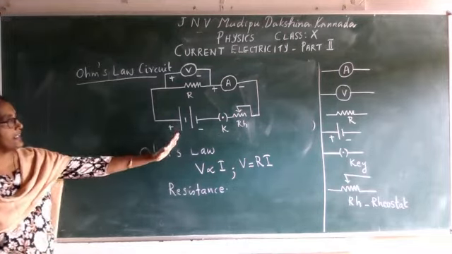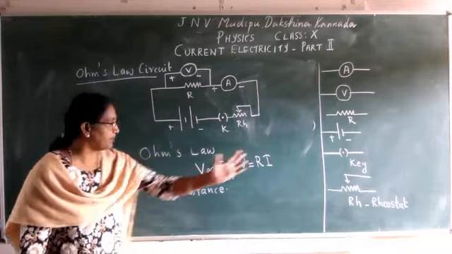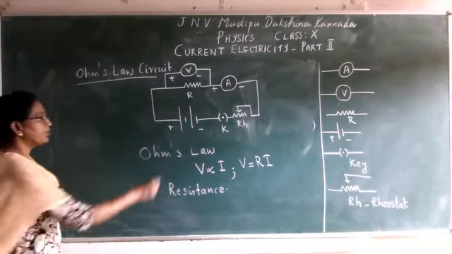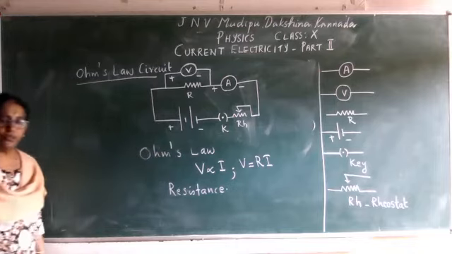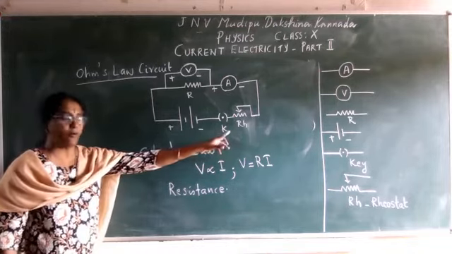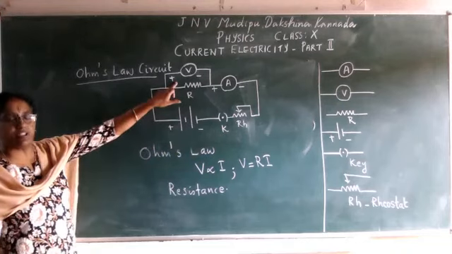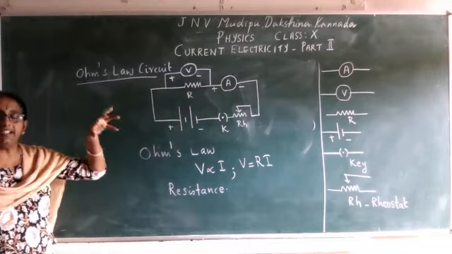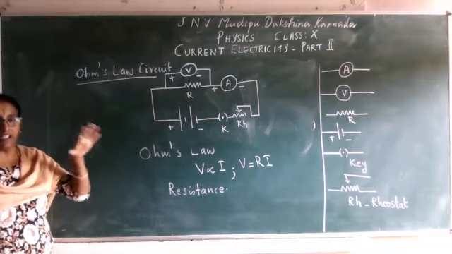So the circuit is there, all the symbols I have explained to you, and we have to verify Ohm's law. To verify that, as I told you, fix the position of the rheostat at one point and see the voltmeter. Before connecting, you should study the voltmeter. How can you read it?